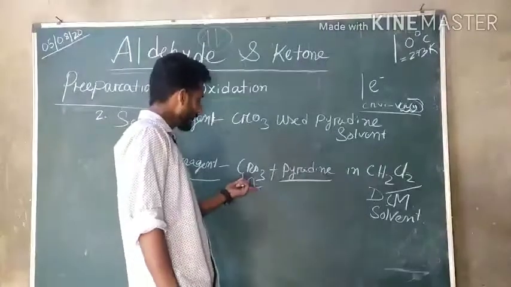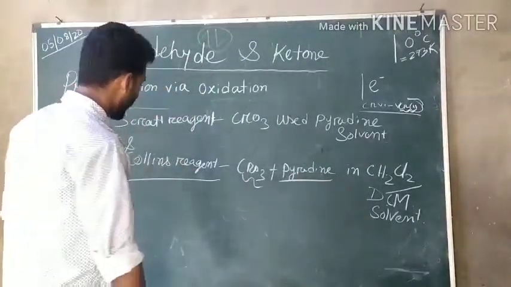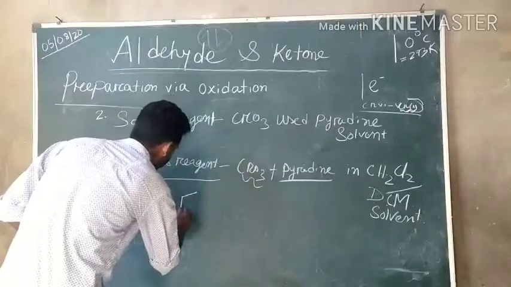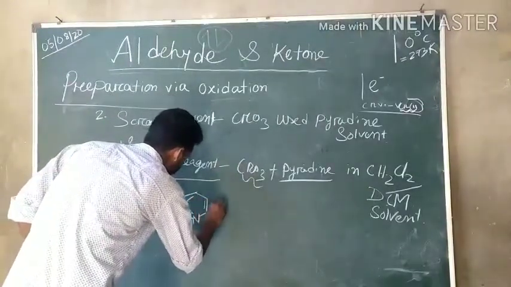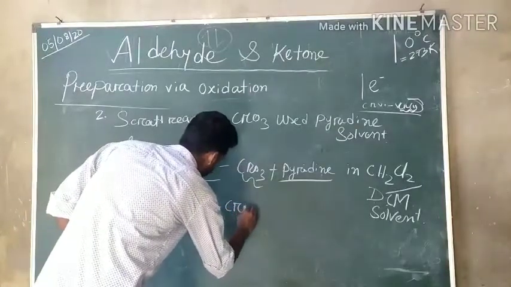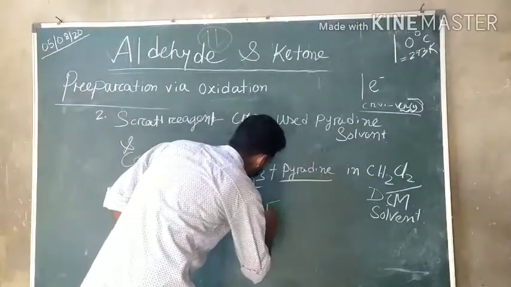In the intermediate step, they will form a complex like this, with pyridine, you know, pyridine is like this.